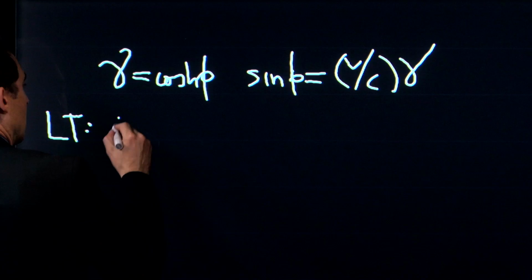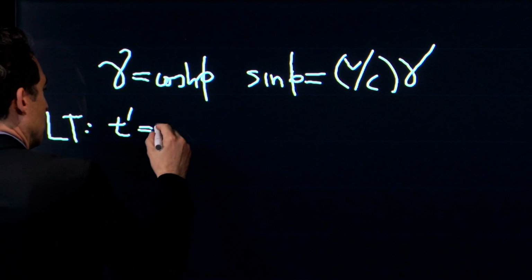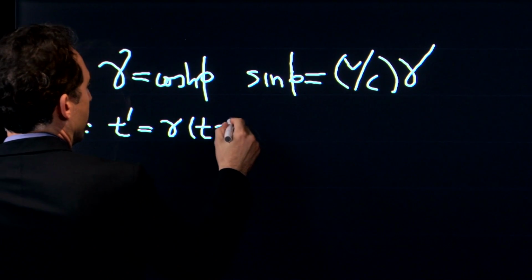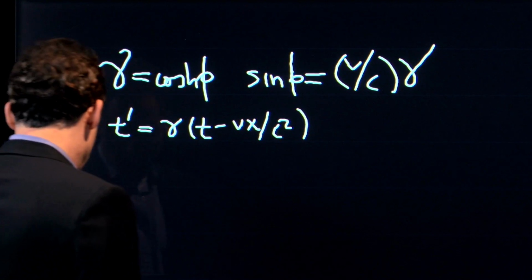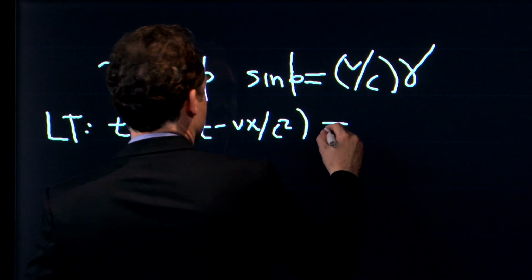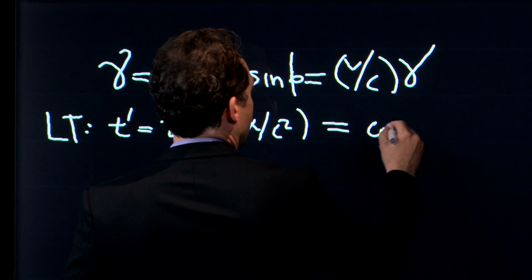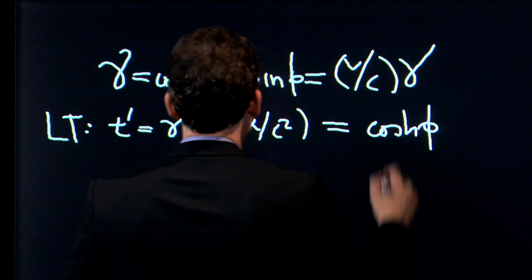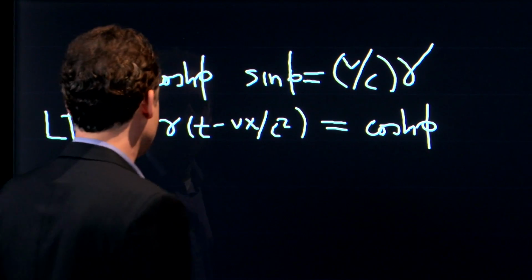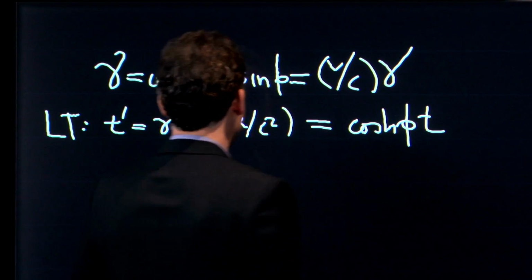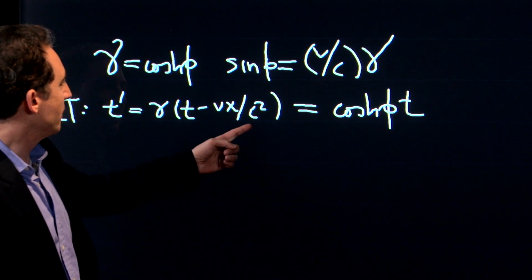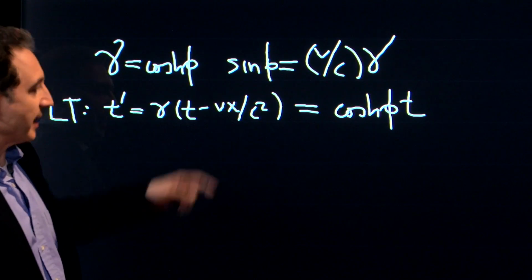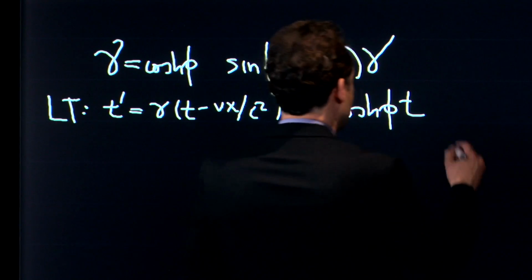So for instance, we know that t prime is equal to gamma times (t minus vx over c squared), which we can now write as, well, for the gamma we have cosh phi. So we have cosh phi times t from this first term. Here we have a gamma times v over c with an additional factor of c that we will need to include.